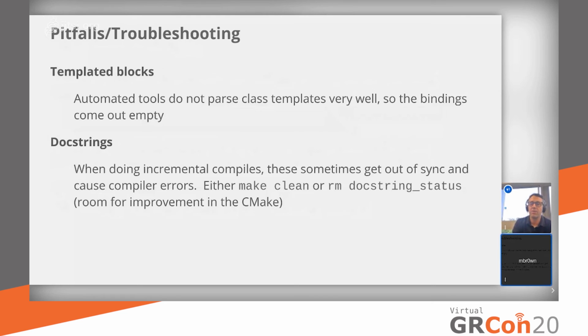What happens right now is the bindings come out empty. So if you have templated blocks, you're probably going to have to write the PyBind 11 bindings manually or copy them from somewhere else and edit them.